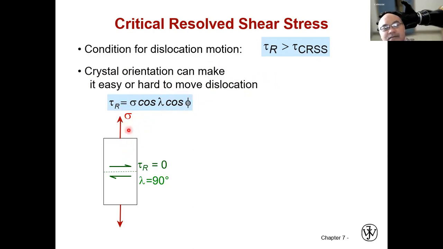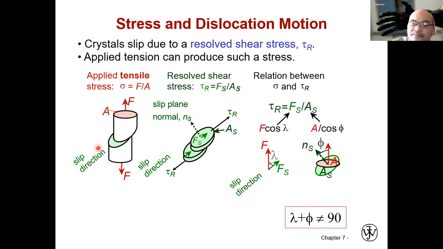So we apply sigma here exactly when the slip plane is perpendicular to the direction of sigma. It means lambda is 90 degrees, and phi is 0 degrees.